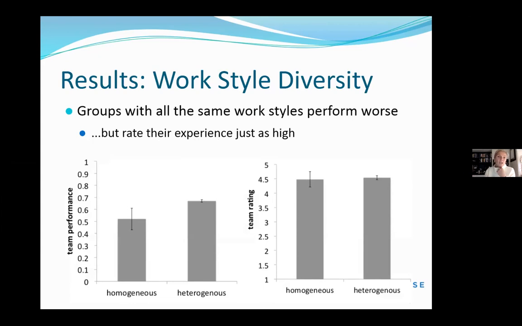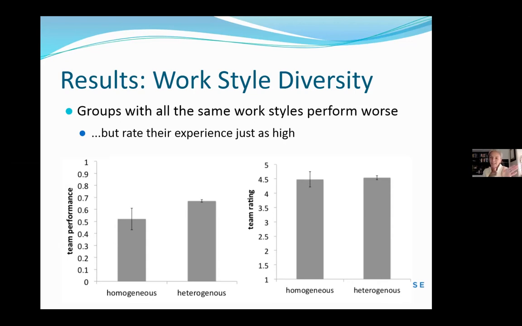Okay, so this is some data that looks at the idea of comparing homogeneous versus heterogeneous teams on those two metrics, team performance, the plot on the left, and team rating, the plot on the right. So the work style diversity metric that I just mentioned, which is what is your style when it comes to working on a project?